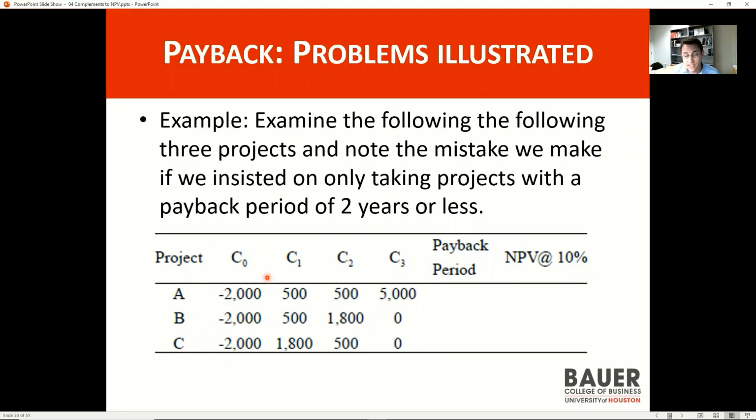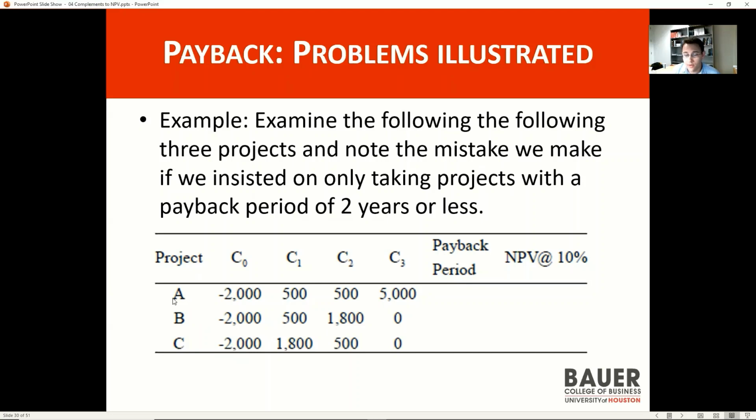All projects A, B, and C have that initial $2,000 outflow. Project B has $500 at time 1, 1,800 at time 2. Project C has 1,800 at time 1, 500 at time 2. Okay, so suppose you're using the payback period and you have some rule that says, I'm only going to take projects that have a payback period of 2 years or less. Well, which of these 3 projects would you take?